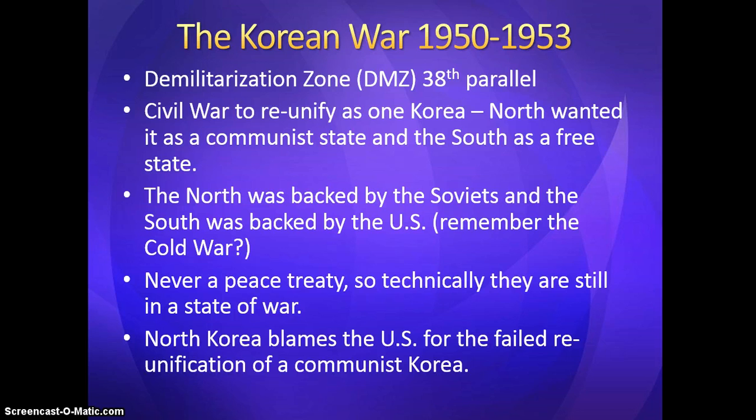Now, after it was all said and done, once a truce was kind of agreed to, there was really not a lot of land gained or lost on either side. So it's kind of like the stopping point was the starting point. Lots of lives lost, but essentially nothing regained for the North.